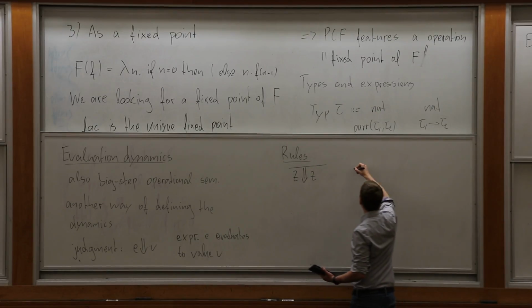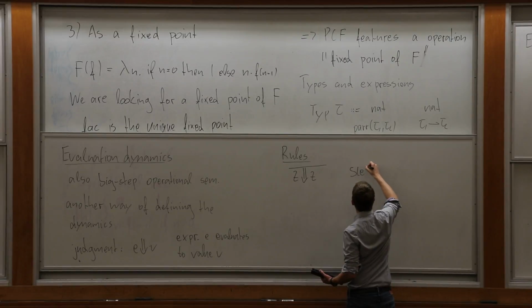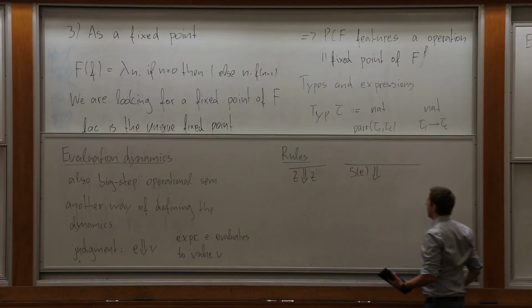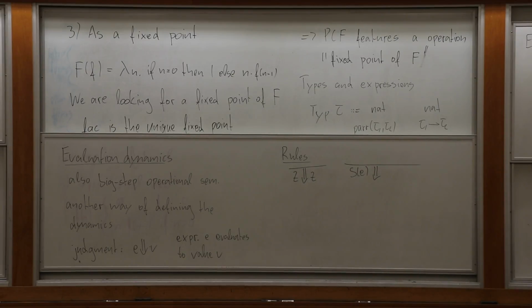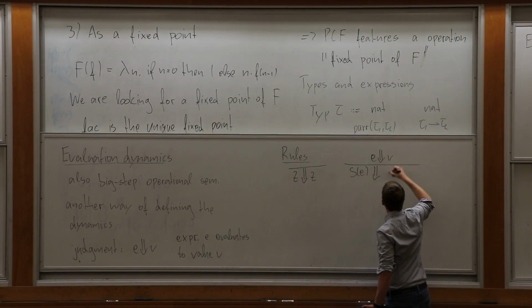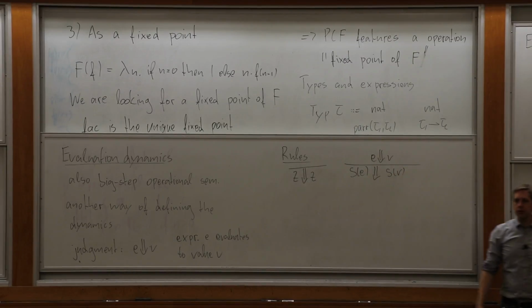If you have something that's potentially not a value, and you want to find out to what value it evaluates, evaluate e, get something, and then return the successor of it.